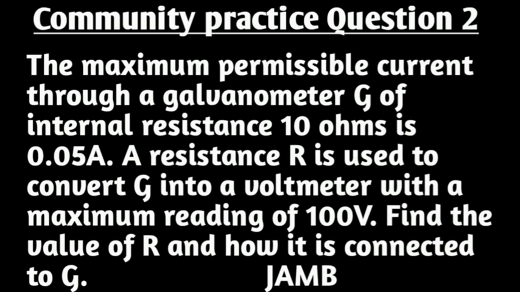Find the value of R and how it is connected to G. A. 20,000 ohms in parallel. B. 19,900 ohms in series. C. 1,990 ohms in series. D. 100 ohms in series. Please try the community practice questions and do well to vote for your answer.